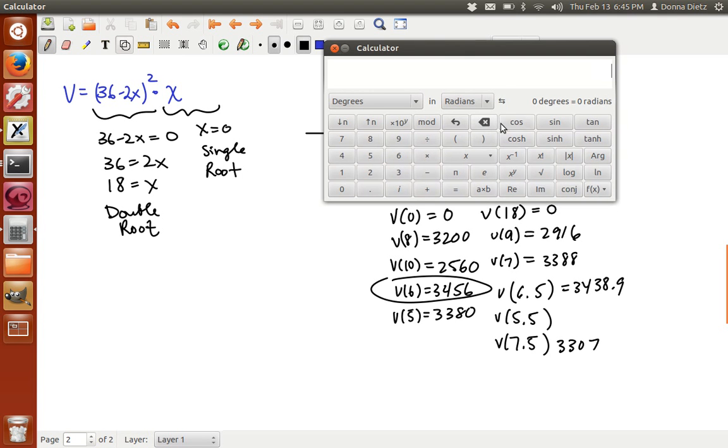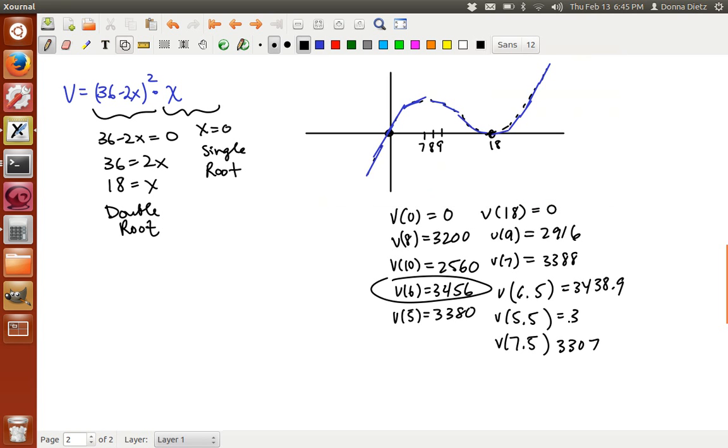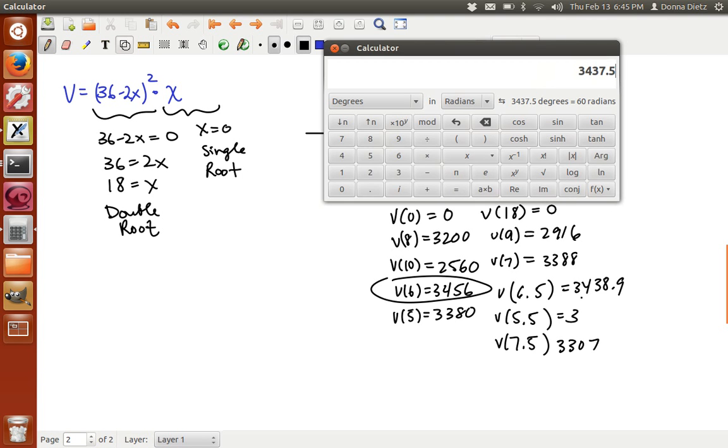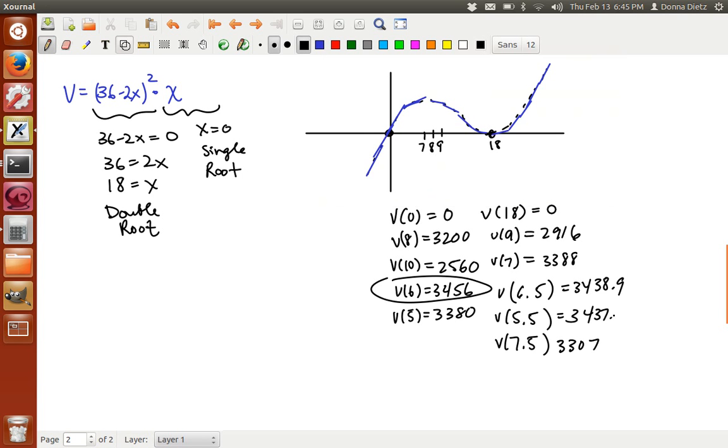All right, so we have 36 minus 2 times 5.5 to the power of 2 times 5.5, and then this gives us 37.5. Of all these contenders, let's see, we found that v of 6 was the biggest. Oh, no, actually, this guy was the biggest. Just a little hair more.